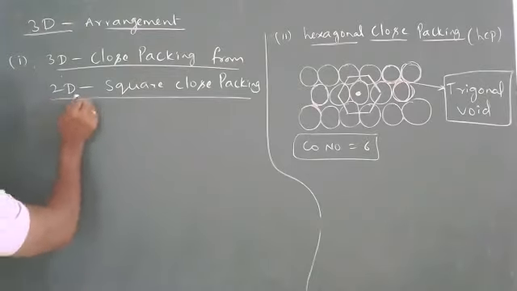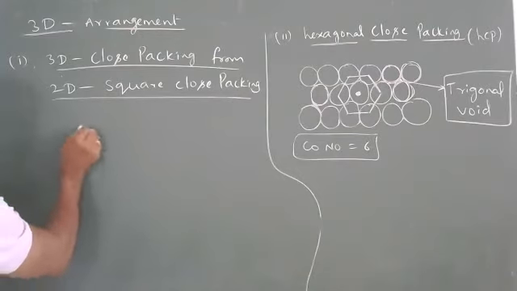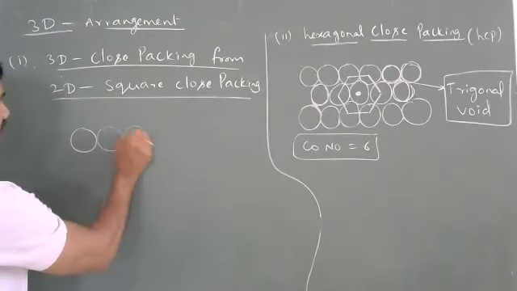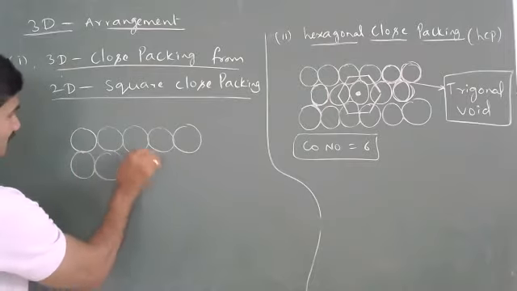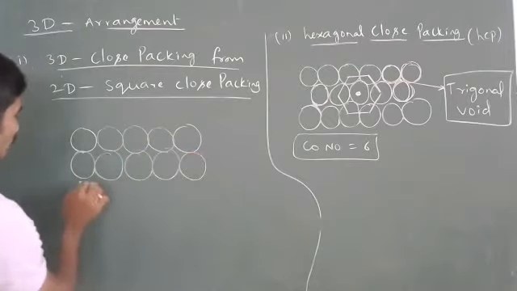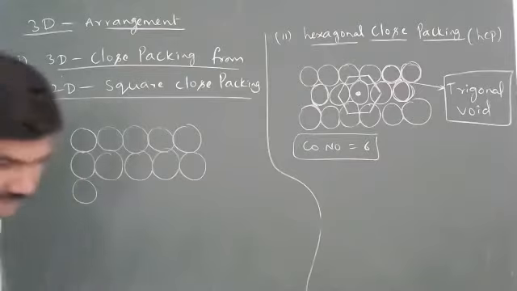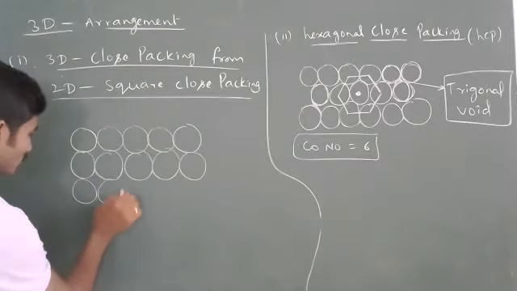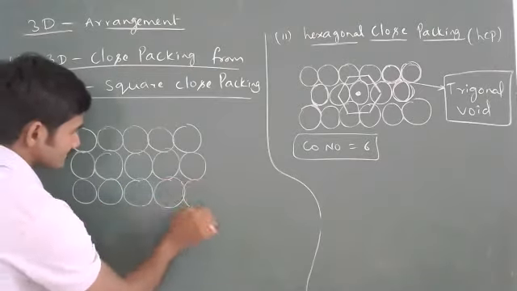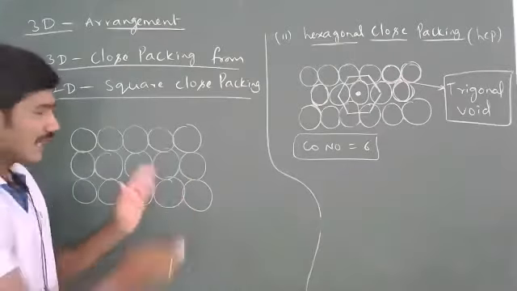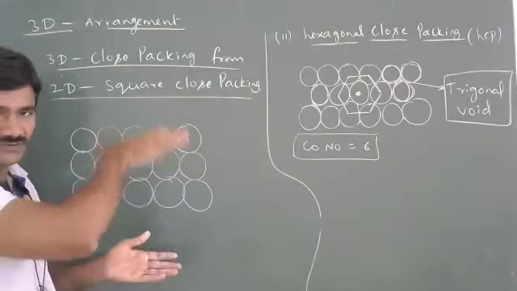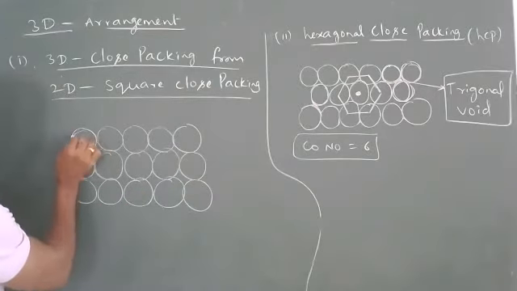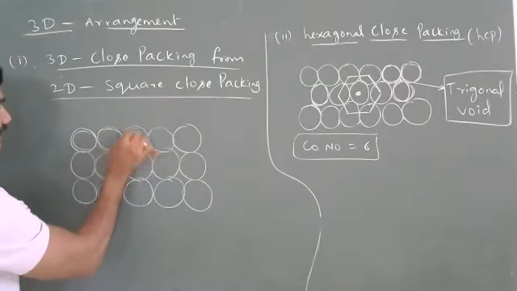In this, what we do is, this is the arrangement of square close packing. This is one layer. Above this layer, I'm inserting one more layer, that is the second layer, the same as this.